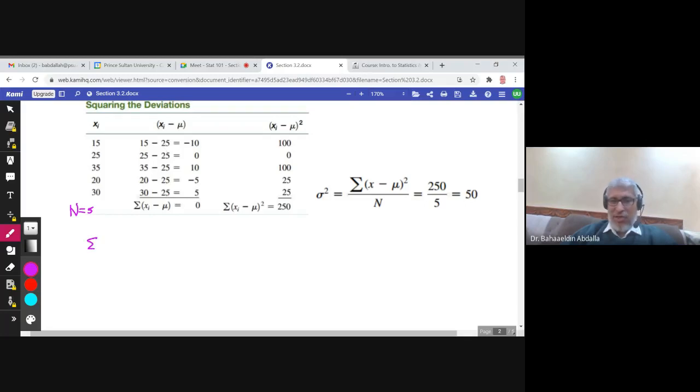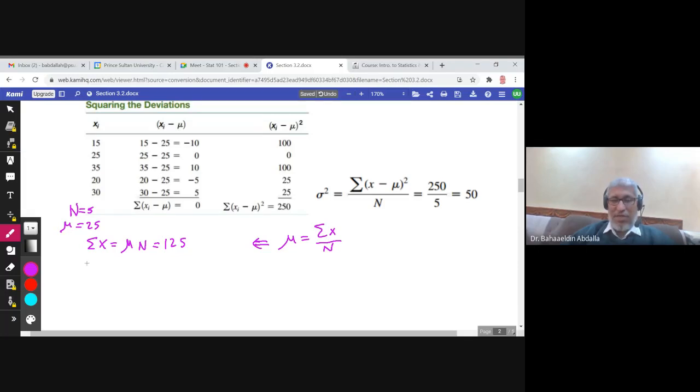Let us have this as an exercise: if mu is 25 and you have 5 observations, how do you find summation x? Well, we know that mu is summation x over capital N. If you cross multiply, summation x is mu times capital N. So summation x here would be 125.